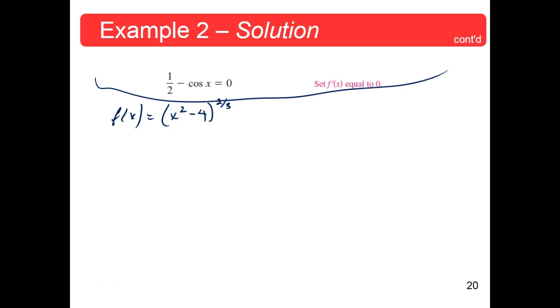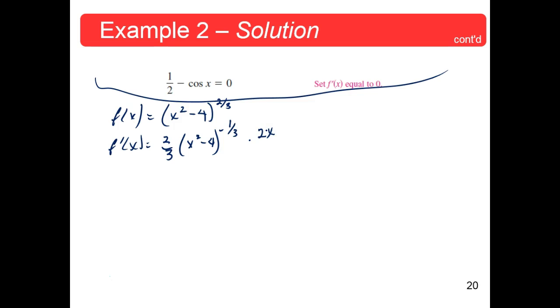How would you proceed? Take a derivative. I knew he was going to say that. Okay. f prime of x would then be what? 2/3 times x squared minus 4 to the negative 1/3 times 2x.